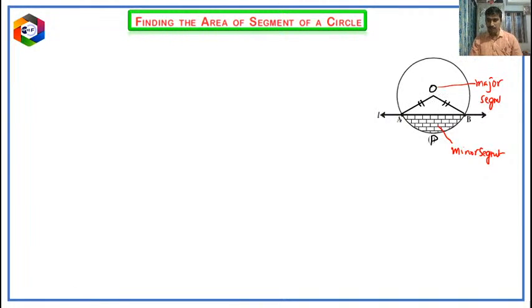Now from the total sector area, if you remove the triangle area, then you will get this part, that is called the segment. And particularly here in the diagram, it is the minor segment. Now I am going to calculate the minor segment area first.